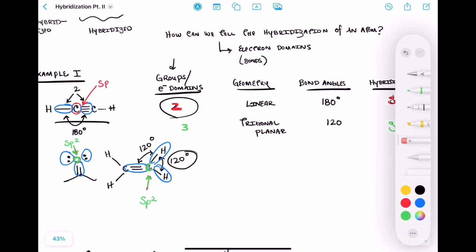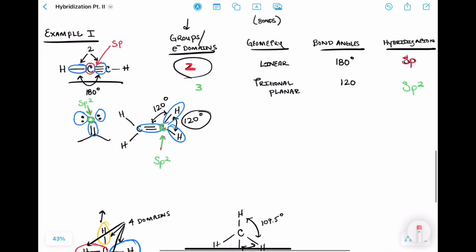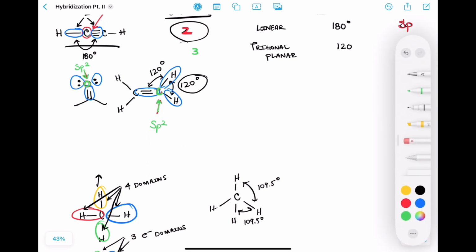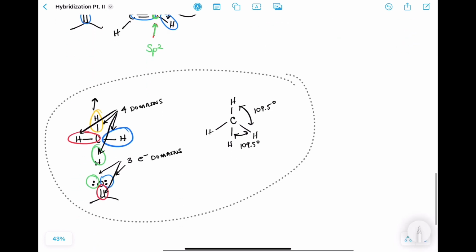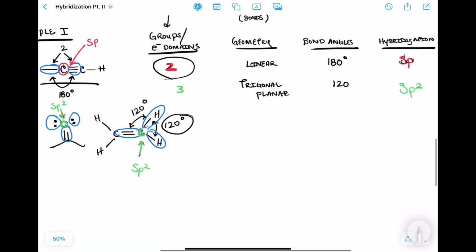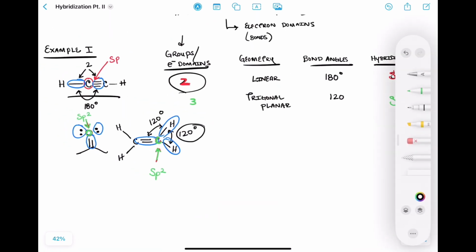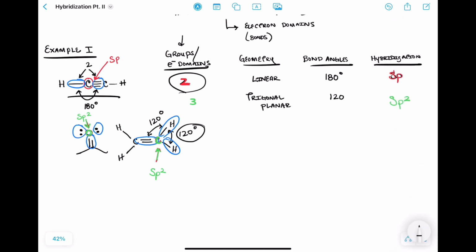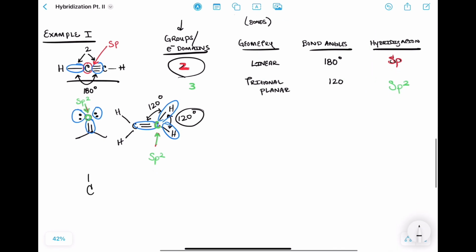Okay, and so now let's move to the third example. Let me move some of these things out of the way. Just bring this down a little bit further. And then we'll focus on the third possible. And that is a carbon. An example has four bonds around it. Anything with four domains around it. Not four bonds, because here we still have four bonds around this carbon there, and it's sp2 hybridized, right?